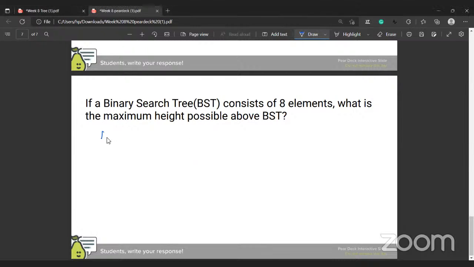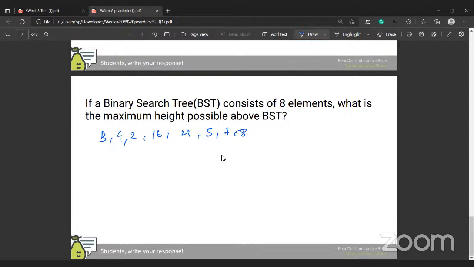So suppose we take 8 elements like this: 3, 4, 2, 16, 21, 5, 8. If you insert them in the binary search tree, let's take insert in the binary search tree.